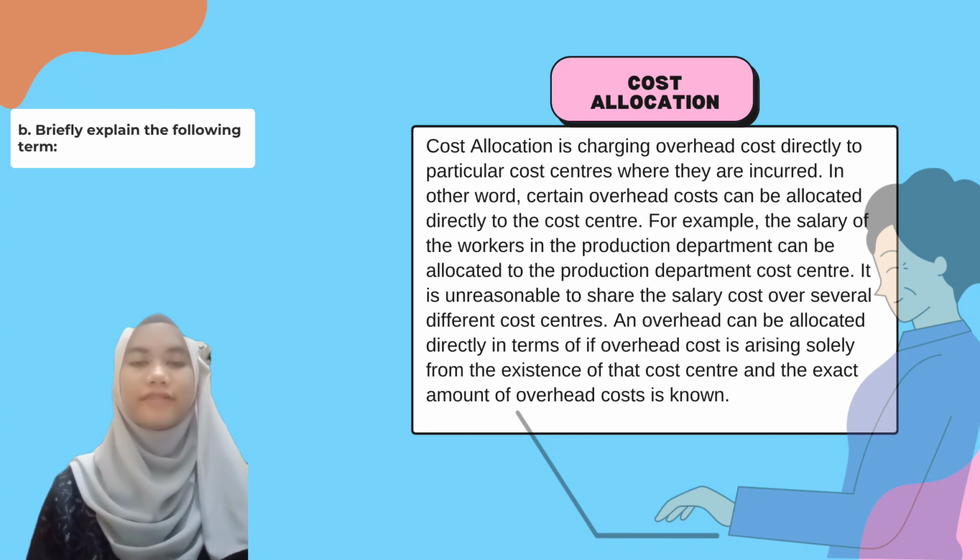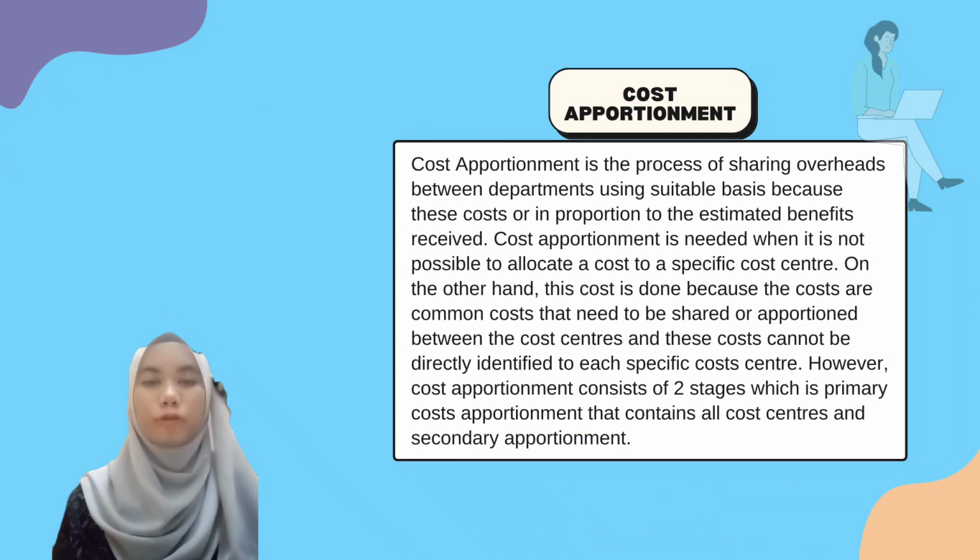and the amount of the overhead cost is known. Okay, secondly, cost apportionment, which is the process of sharing overheads between departments using a suitable basis because these costs are in proportion to the estimated benefit received. This is needed when it is not possible to allocate a cost to a specific cost center.